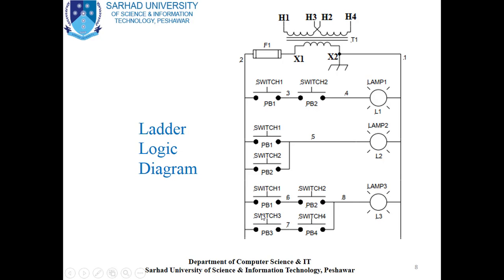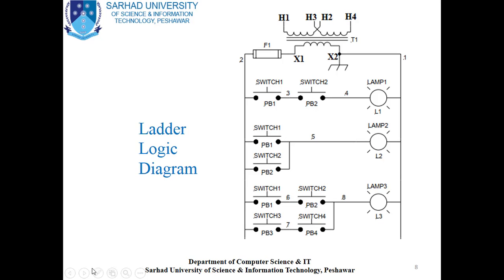So if we press switch 3 and switch 4 simultaneously, then lamp 3 will be turned on. So this is the ladder logic diagram in which you can see the AND logic. This one is the OR logic. This one is the AND OR logic form.